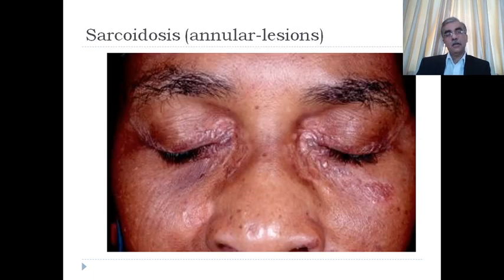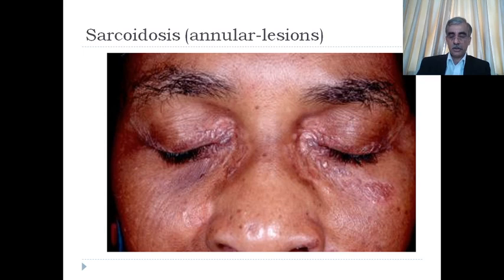Then another common dermatosis is sarcoidosis, in which we can have annular lesions, but the sites are around the eyes, and if KOH examination is done, it is negative, and we can see symmetrical involvement. Usually infections do not have symmetrical involvement, whereas other dermatoses usually do.